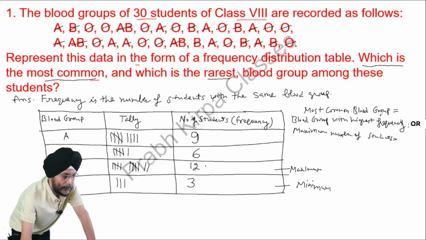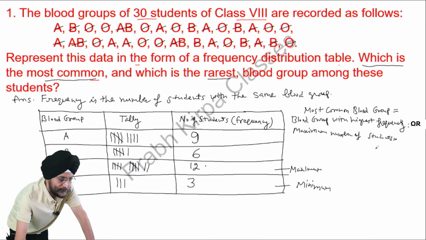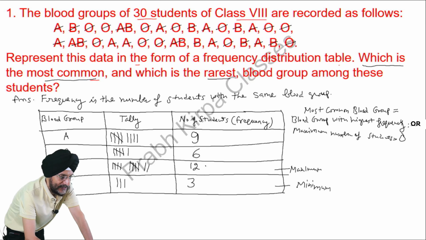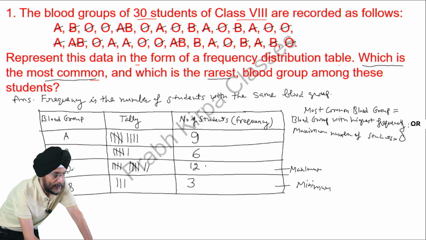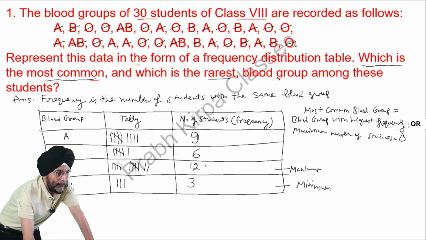The most common blood group is O. The maximum number of students are present in respect of blood group O. This is the most common blood group, O.